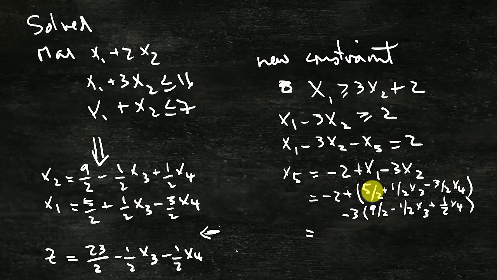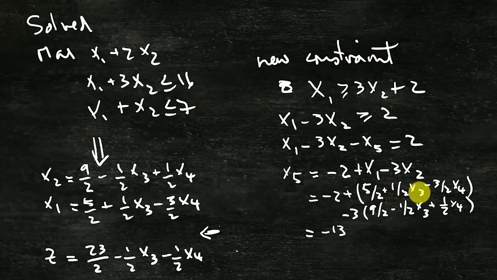We got minus 2 plus 5 halves, so we're dealing with halves, so that's minus 4 halves plus 5 halves is plus 1 half. Plus 1 half, we got minus 27 halves, so that's minus 26 halves, which is minus 13. And then we're dealing with x3.